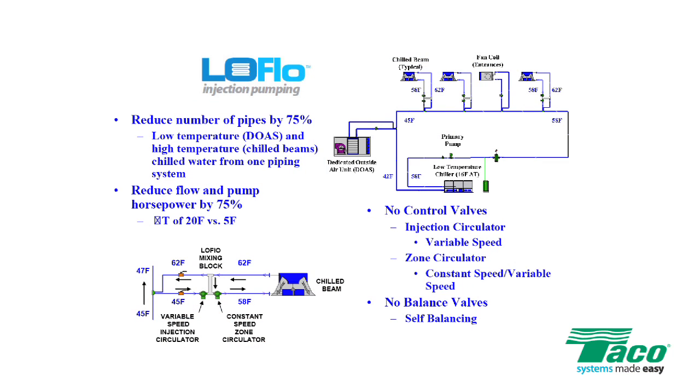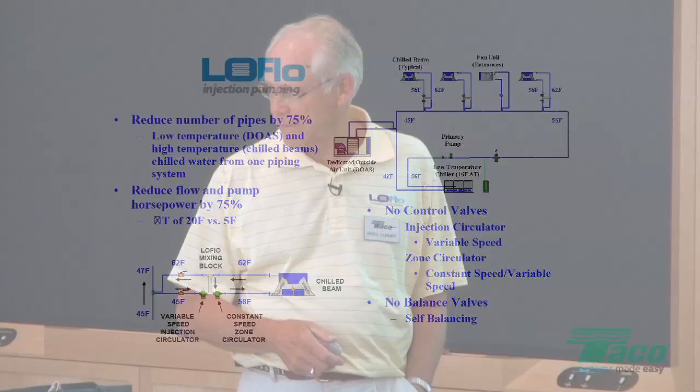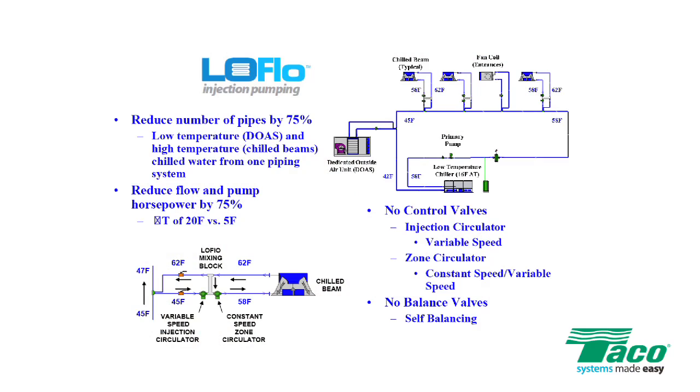So we're going to reduce the number of pipes by 75% from 4 to 1, and we're going to reduce your flow by 75% because we can get a 16 to 20 degree delta T versus a 4 or 5 degree delta T over here. That's a big number. Yeah, huge energy savings and huge number of pipes.